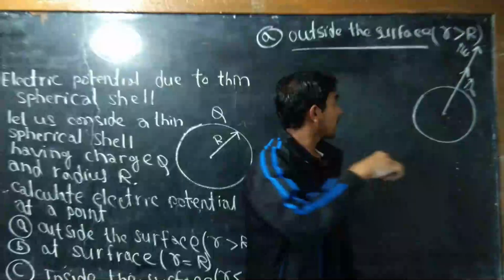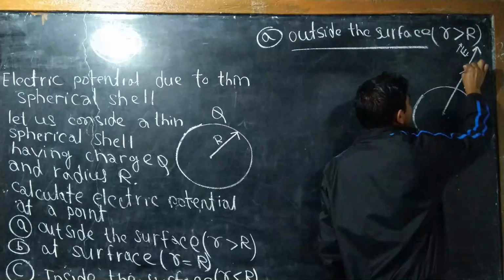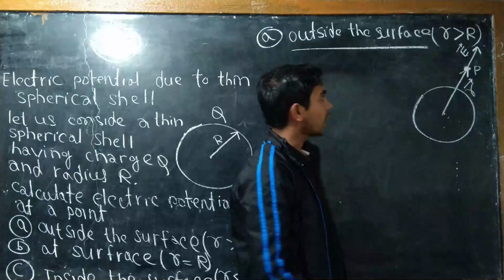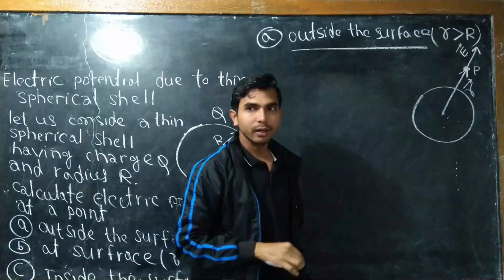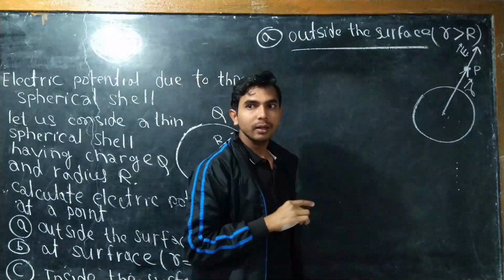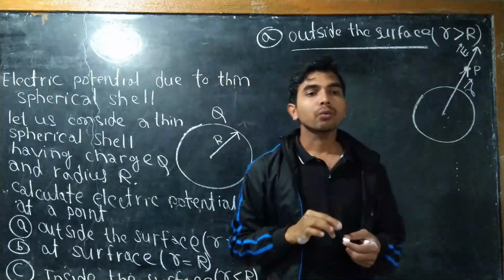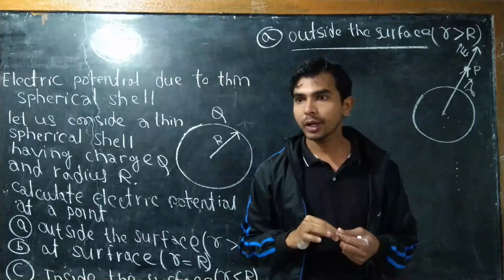Now we have to find potential at this point. Suppose this is your point P, outside. Yesterday I wrote one formula, have you remembered that?